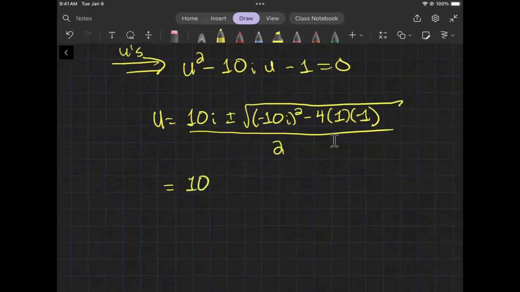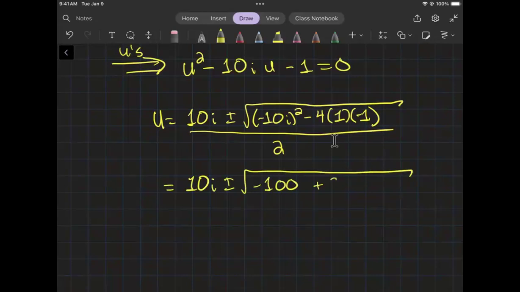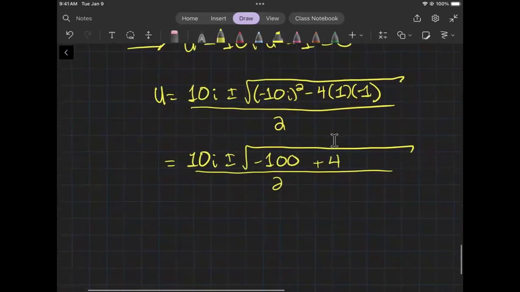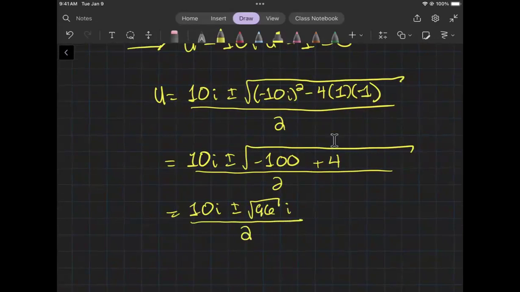So this equals 10 times i plus or minus the square root of, so i squared is minus 1, so this is minus 100 plus 4, over 2. And so this equals 10i plus or minus root 96 times i over 2.